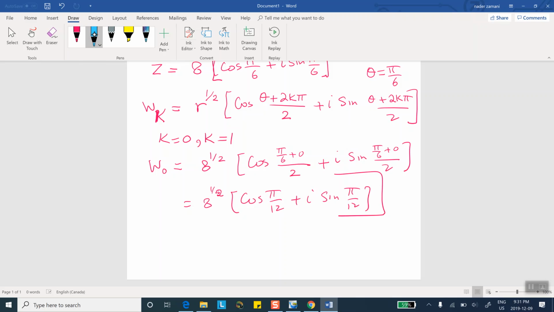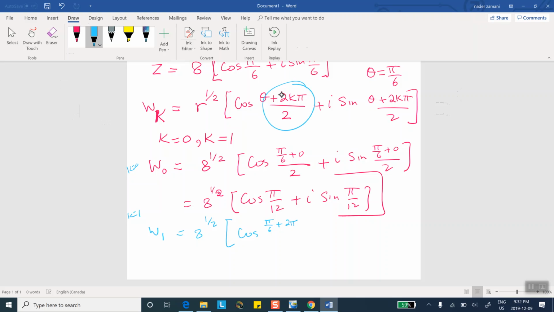Let's do the second root, and I'm going to use a different color for it. Okay, W1, this is for k equal to 1, this is for k equal to 0, is going to be 8 to the 1/2 cosine of pi over 6 plus 2 pi.